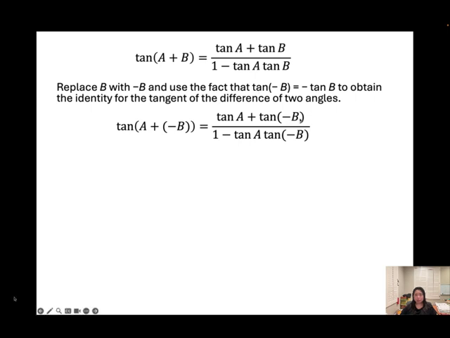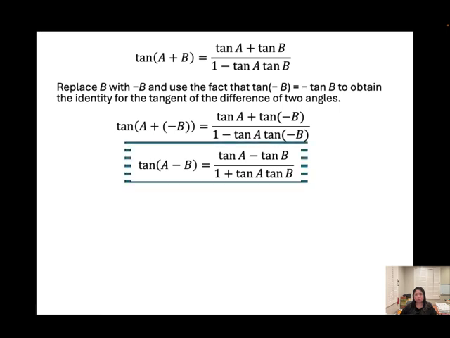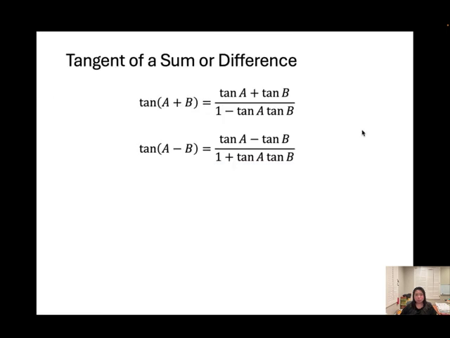Tangent of negative B equals negative tangent B, and this one becomes 1 plus tangent A tangent B. So this is the tangent of a sum or difference formula. I need you to remember it. Be careful about the sign, don't make a mistake. If this is positive, the numerator is positive and I have a 1 minus. If this is negative, the numerator is negative, and there will be 1 plus. They are opposite.